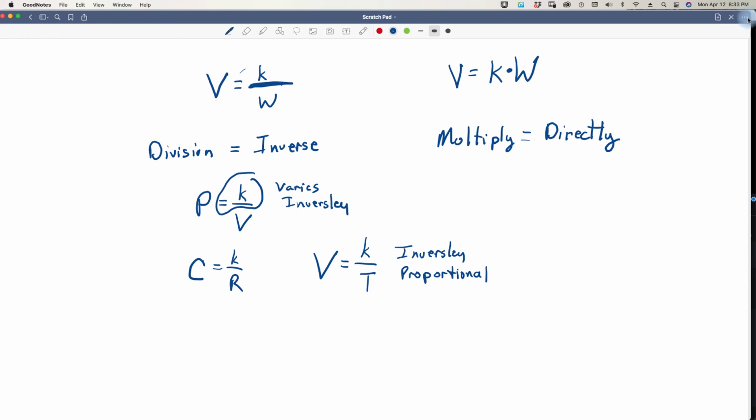Okay. So let's work on an example problem for inverse variation, which means we will divide. Under certain conditions, the pressure of a perfect gas varies inversely as the volume. When the pressure of a gas is 7 pascals, the volume is 75 liters.